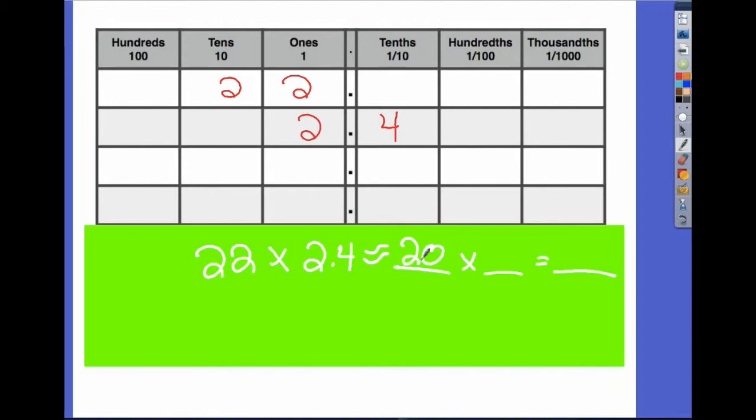And what do you think is going to go on my second blank? Jackson H? 2? So 20 times 2? Everybody? 20 times 2 is the same as saying 20 plus 20. That's 40. Now let's do the area model.